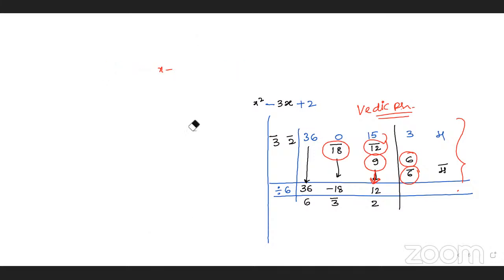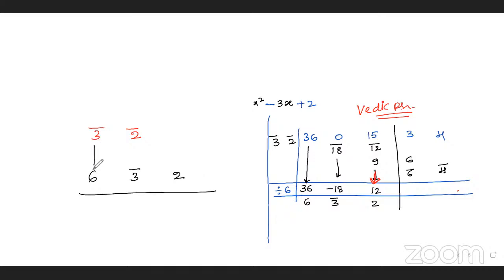Right. What is the difference between Paravarthya and our vertical crosswise approach? See, 3 bar, 2 bar I have taken. After that, I will write 6, 3 bar, and 2. First multiplication, this one, that is minus 18. Is this correct?